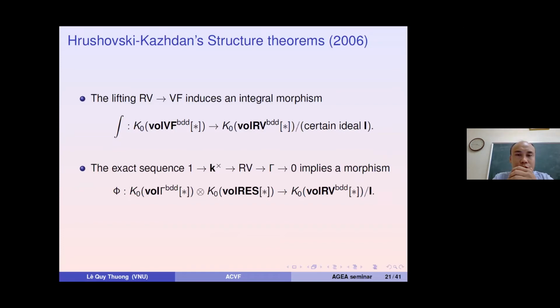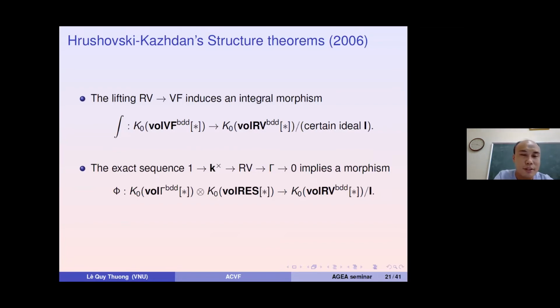For the morphism from RV to VF, we have integral morphisms, which are ring morphisms from the Grothendieck ring of Vol VF to the Grothendieck ring of Vol RV by certain ideals. We can describe the ideal I very explicitly, but I don't mention it in this talk.